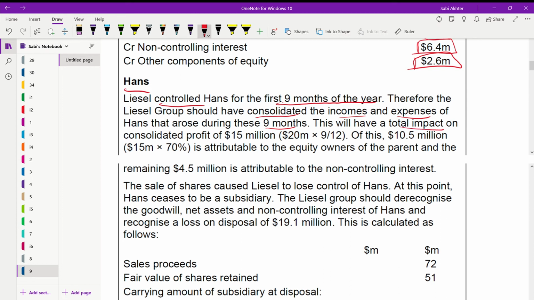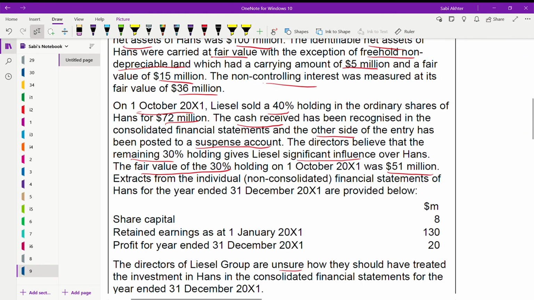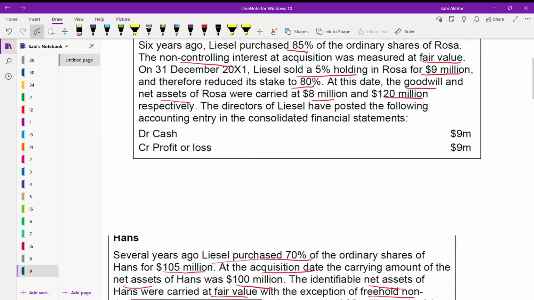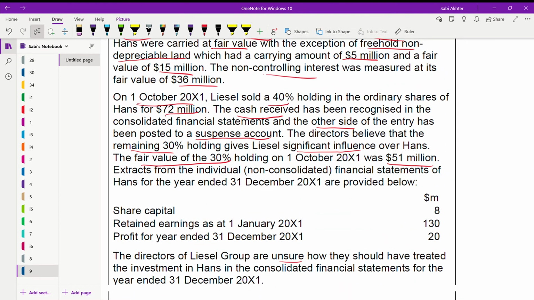So this will have a total impact on what? On the consolidated profit. Write it. What is the impact on the consolidated profit? You have to take 9 months of 20 million. Hence it will be 15 million. Profit for the year is given 20.